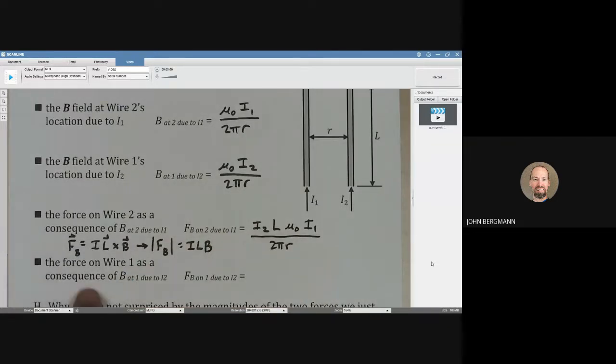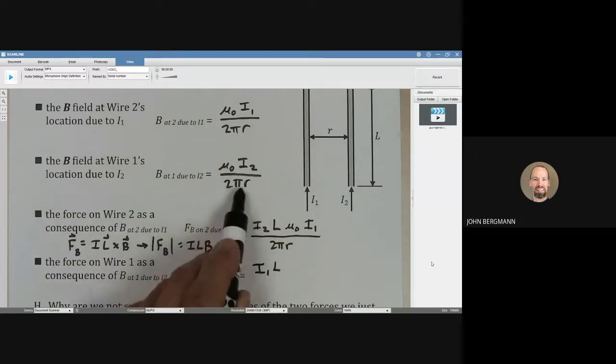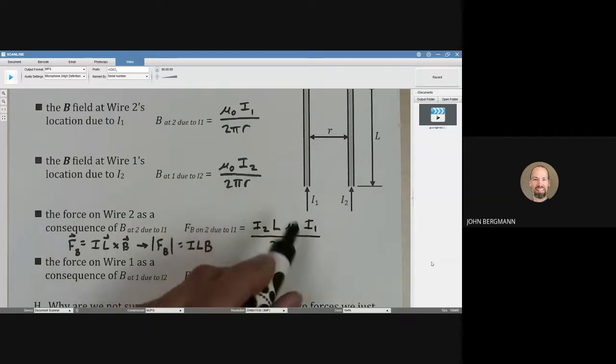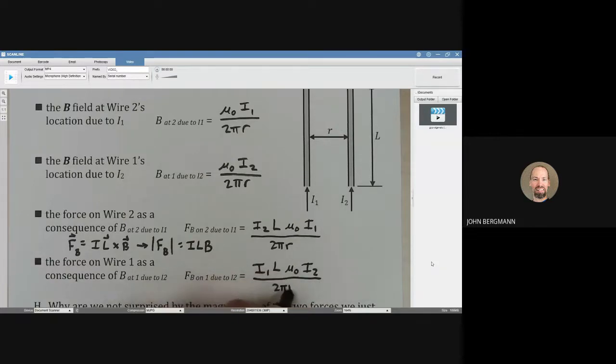Now, what about the force on wire 1 as a consequence of the magnetic field there due to the current I2? Well, it's the same equation, but now we're talking the force on current I1 that'll multiply by L. Now, the strength of the magnetic field at wire 1's location is right here. Mu naught I2 over 2 pi R. Now look at that.